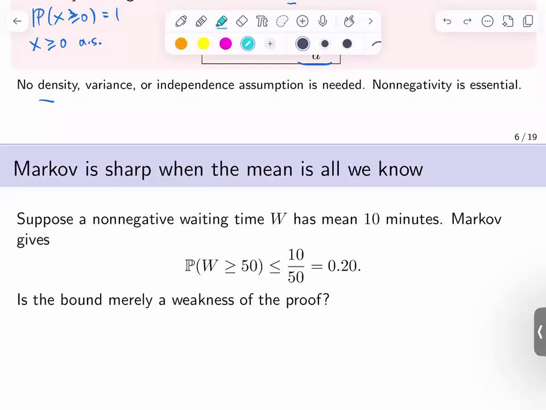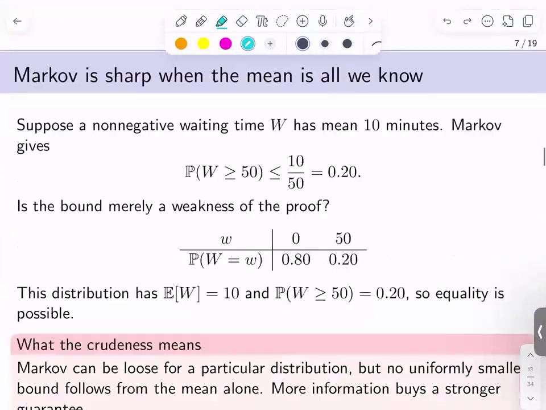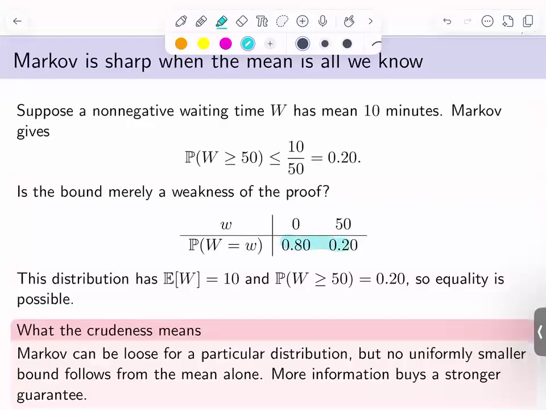Can you come up with an example where this is equality, where instead of a 2-point mass distribution, let's say it's a 3-point mass that achieves equality? You may ask ChatGPT, it potentially knows. I have to think about it. So is there any other distribution for which we have equality? It's a very good question.